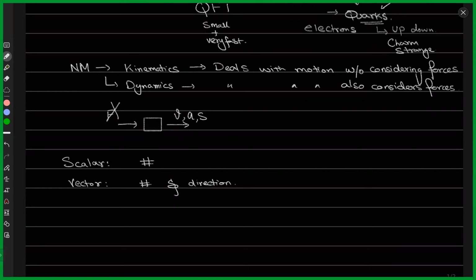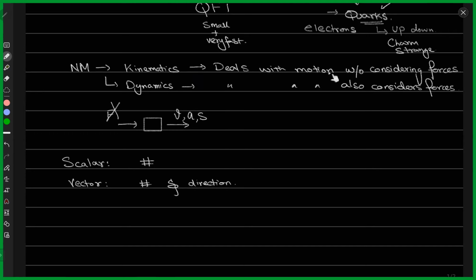All right, so let's start with this thing. We were discussing kinematics. We discussed the difference between kinematics and dynamics; there are really two things that we consider in Newtonian mechanics, kinematics and dynamics.